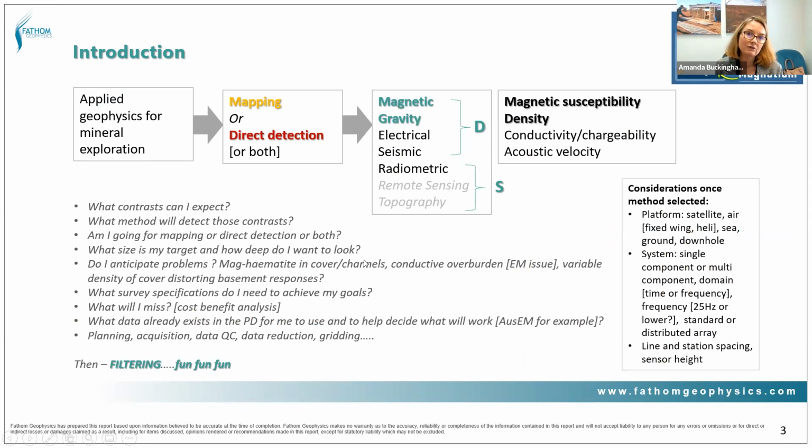There are really two applications of potential field filtering. We are either trying to map, so either trying to understand the distribution of rocks and properties, or we are trying to directly detect something of interest. And when we're using direct detection, often it's electromagnetic data that you would fly and model to directly detect or define a drill target.